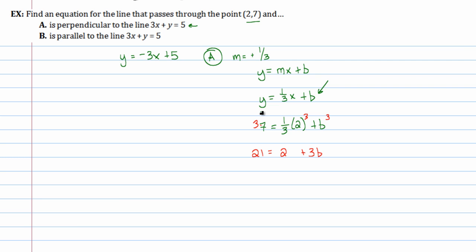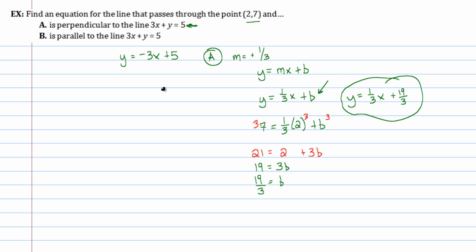I'll subtract 2 from both sides to get 19 equals 3b. And finally, divide both sides by 3 to get 19/3. So the equation of the line that is perpendicular to this equation here and goes through the point 2 comma 7 is going to be y equals 1/3 x plus 19/3. That's the answer to part A.